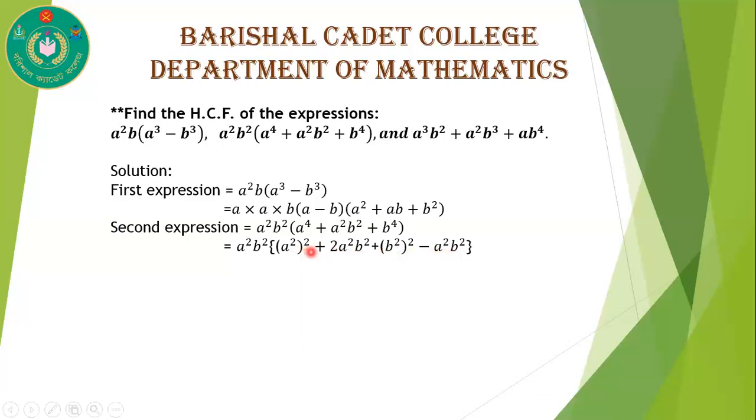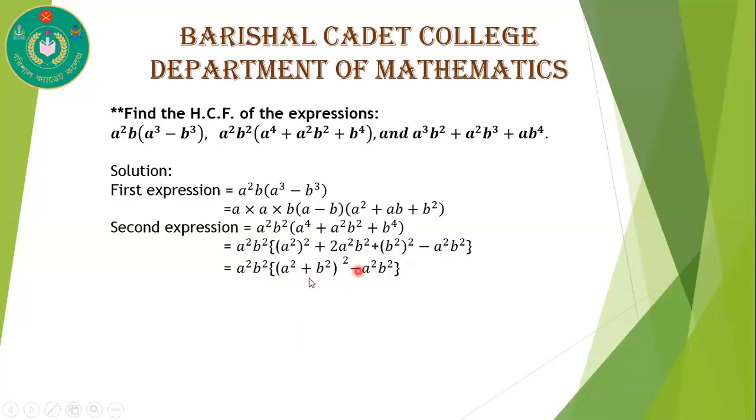Then we observe that a square b square into a plus b whole square. That means a square plus b square to the power whole square minus a square b square. Here we can see this is another formula.